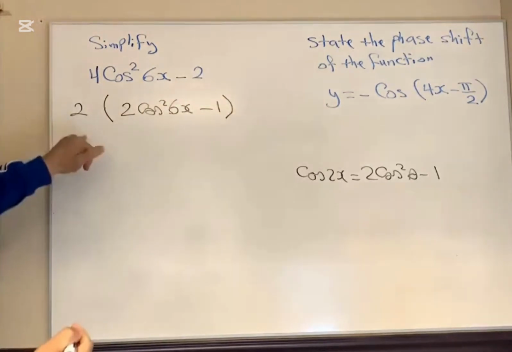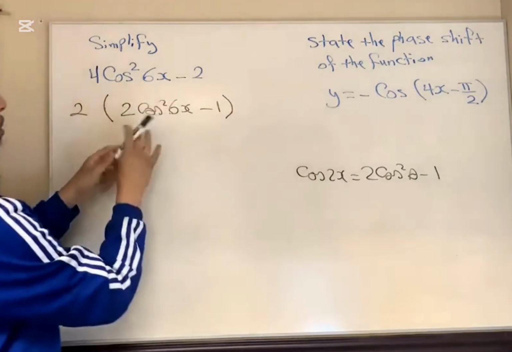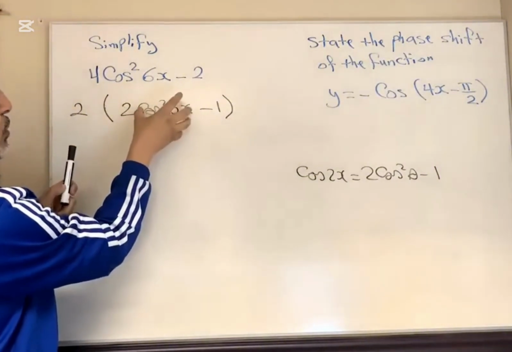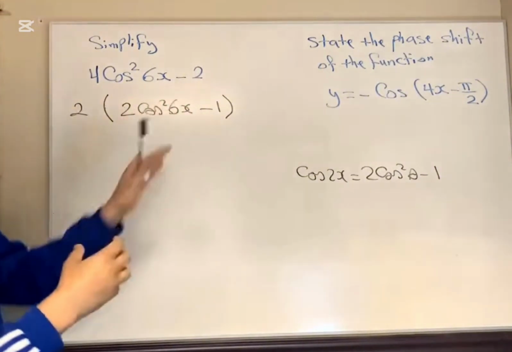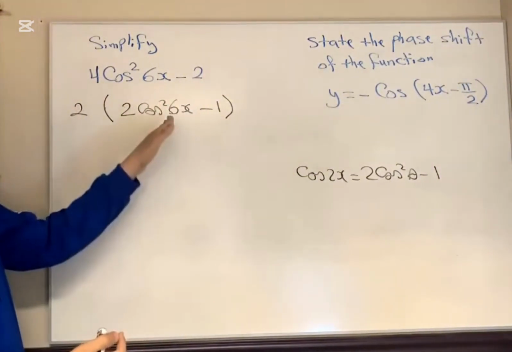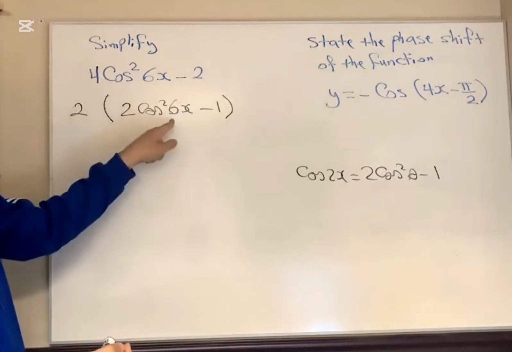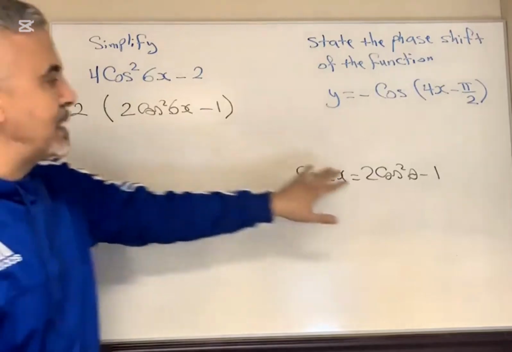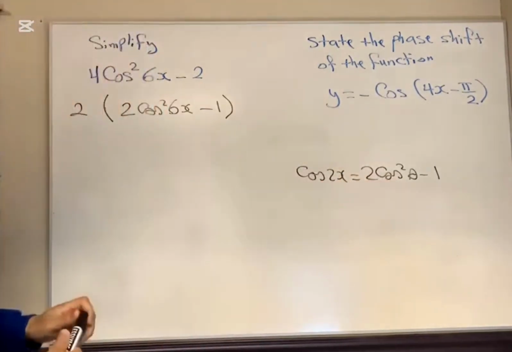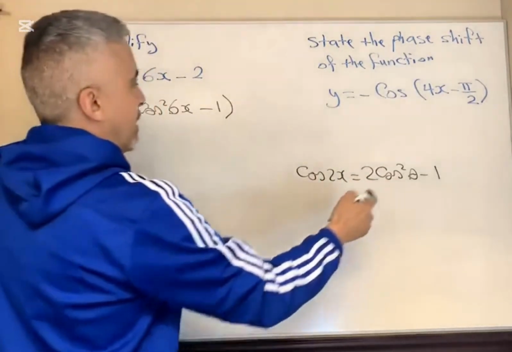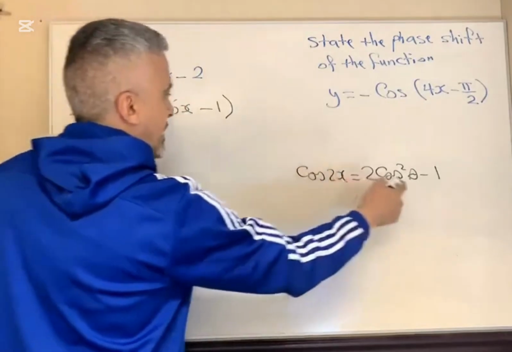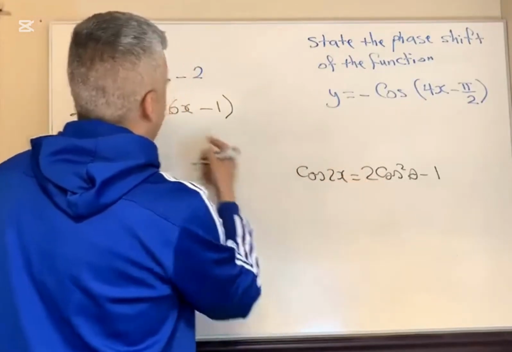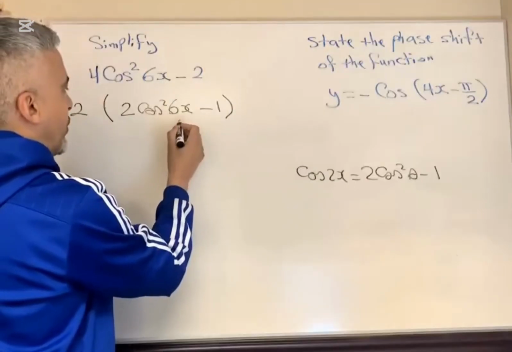So don't take the 2 out of the 6 here, because this cos squared of 6x is one thing. The 6x is not by itself, so you cannot take the 2 out from the 6 here. You cannot do that. Okay, now this becomes exactly like this. The only difference here, instead of theta here, you have 6x. So basically, this here is your theta.